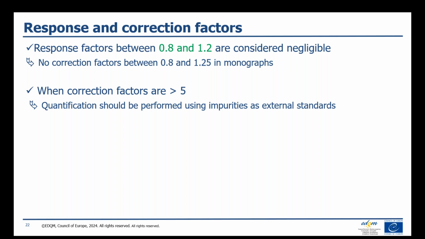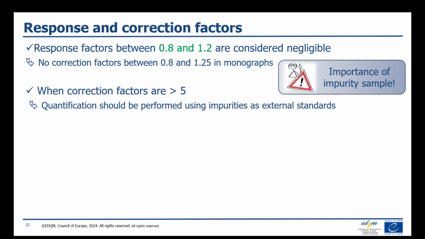We only indicate the correction factor if it is outside this range. And when we find a correction factor which is higher than 5, in this case we will quantify the specified impurity with its own limits, usually with an external standard. We will not use the API to quantify this impurity.